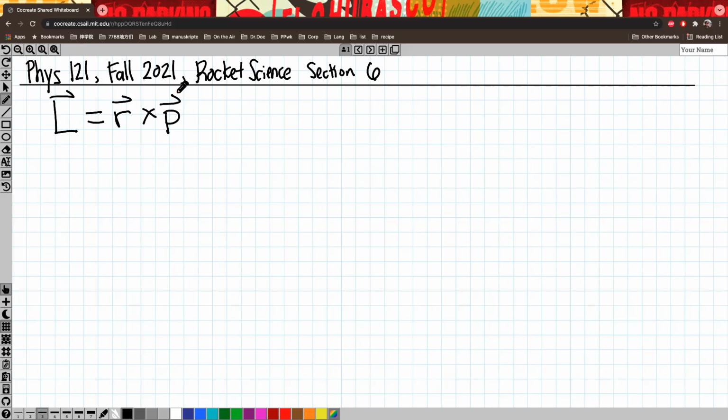If you have your R over here and your P over there, then you would point your fingers in the R direction, curl your fingers to the P direction, and then the thumb is going to be pointing in the L direction. You know what I mean? Yeah. So where this L is going into the page.